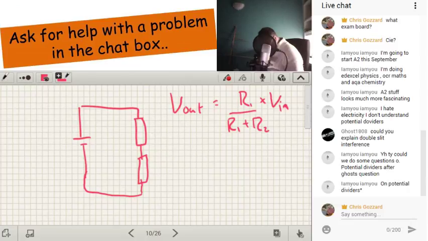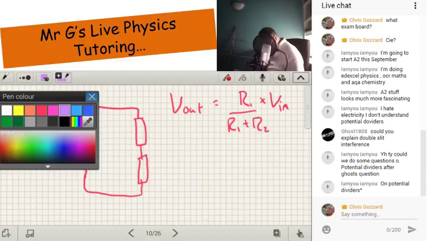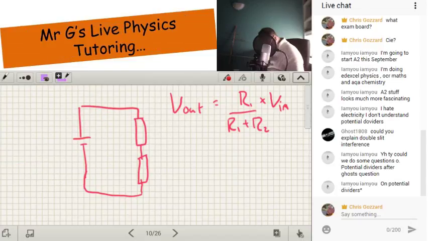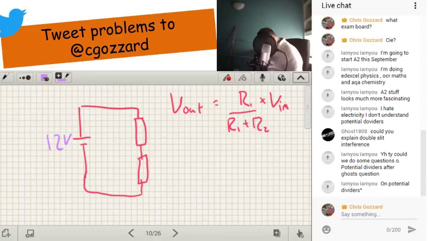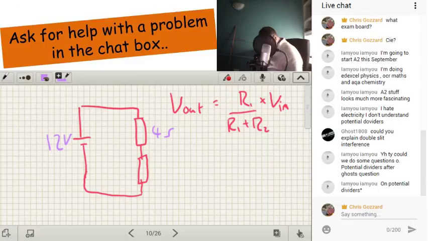Okay, so let's just say we have got 12 volts here. Let's say this is 4 ohms, and then what's a nice value? 8 ohms.